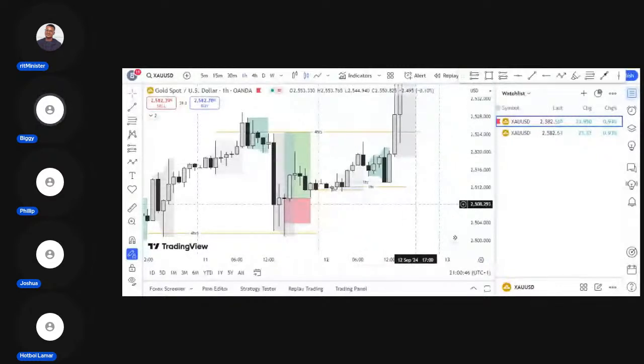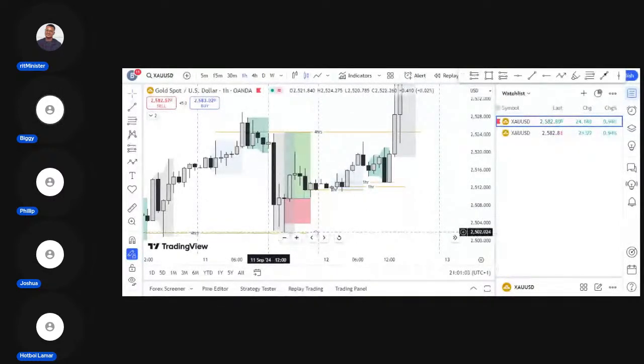Because if I'm trading from this 4 hour zone to this 4 hour zone, I don't just enter my trade. Trading is not based on luck. You don't just use luck in trading. It has to be with knowledge and understanding. So if I'm entering from this 4 hour zone here, I don't just enter my trade and leave it and hope that the price will go to my TP point. That is not how to trade.